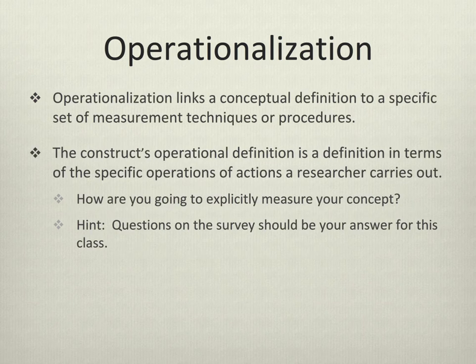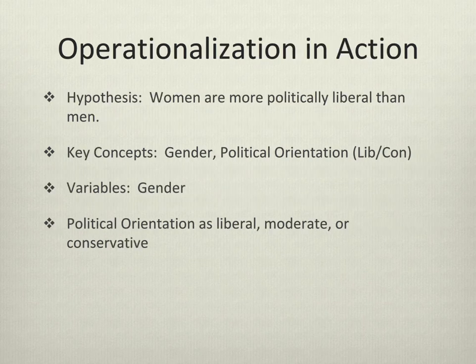In different types of studies, variables may be operationalized in different ways, but since this class is survey research, you should be operationalizing your variables through answers to survey questions. Let's take an example. Let's say you hypothesize that women are more politically liberal than men. This would be supported by a lot of the literature.